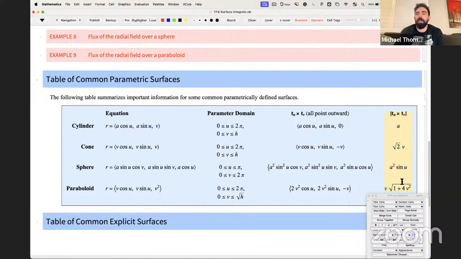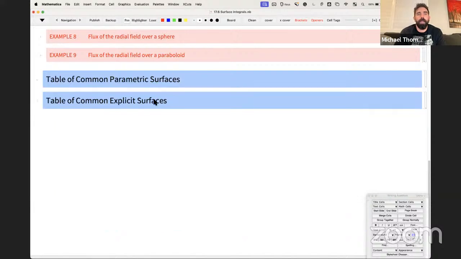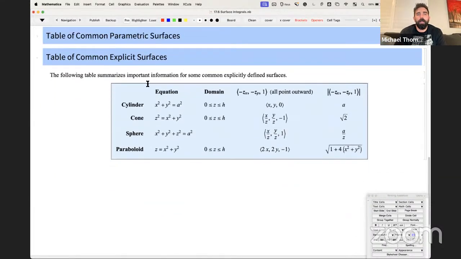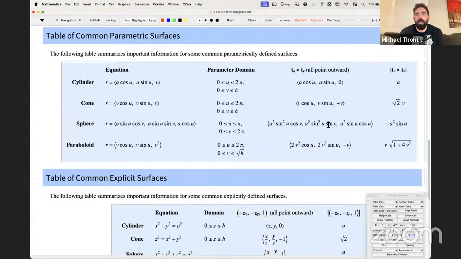You need these for scalar surface integrals, and you need these for vector field surface integrals or flux integrals. So you can just use the table. Also, their corresponding explicit descriptions are here with their domains, and there's a normal vector and the magnitudes of the normal vector. So keep in mind, you might have to reverse the orientation here, depending on the setup of the problem.